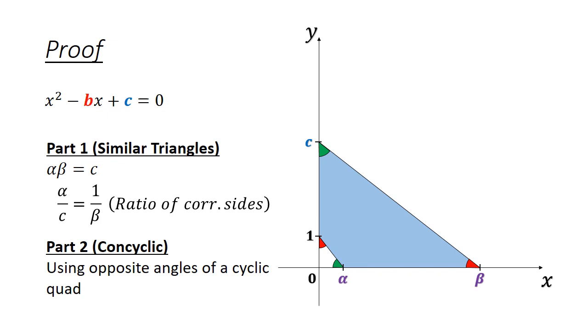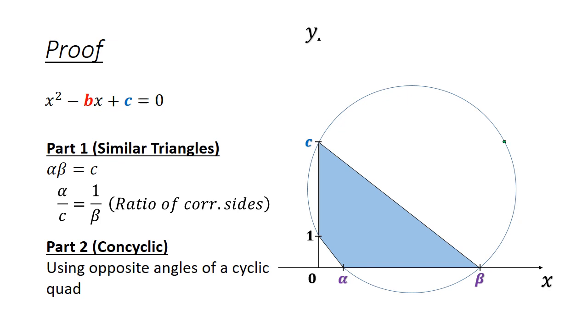We can do this by first noticing that this red angle and this yellow angle lie on the same straight line, hence their sum must be 180 degrees. This tells us that this yellow angle and the opposite red angle also add up to 180 degrees, and that by the properties of opposite angles of a cyclic quad, this quadrilateral is cyclic. We can construct a circle through points (0, c), (0, 1), and the two roots alpha and beta.